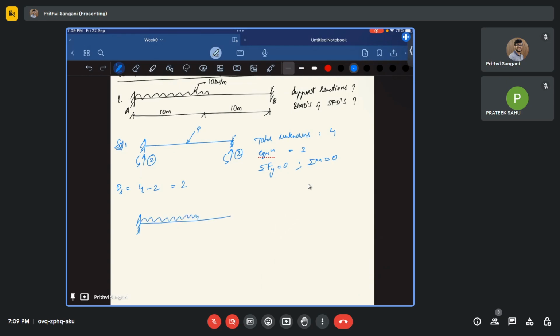I'm assuming the redundant forces at support B are the shear force P and the bending moment M. I'm assuming P and M as my unknowns. This is my initial beam, where I have removed the redundant forces, so I don't know P and I don't know M.